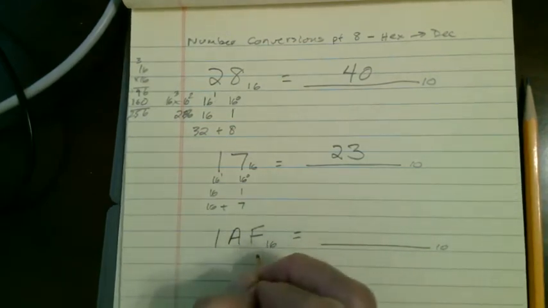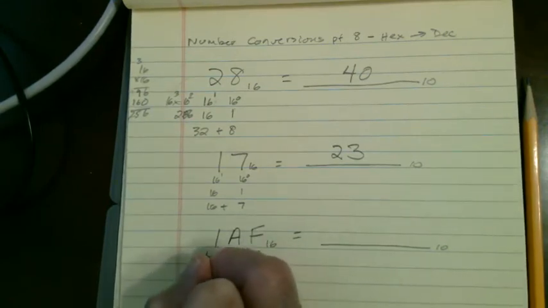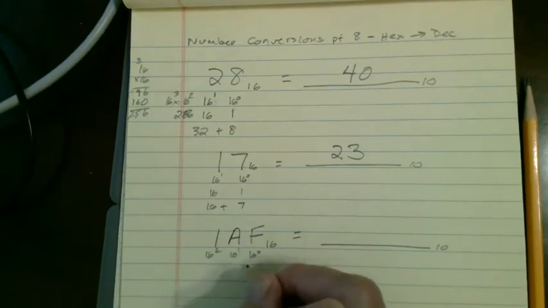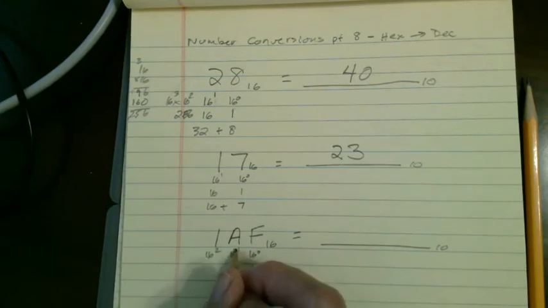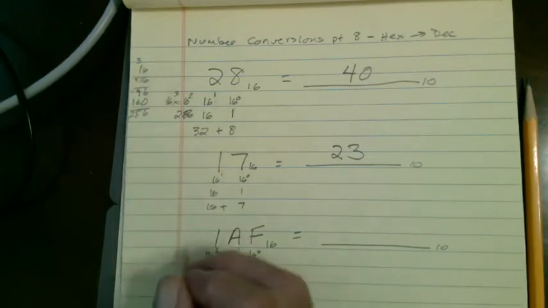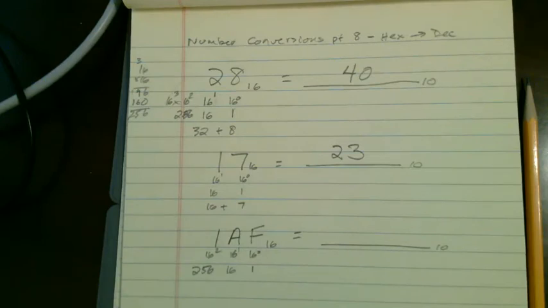Well, it's the same process. 16 to the 0, 16 to the first, 16 squared. Then I need to figure out what these numbers are. So 16 to the 0 is the 1's position, 16 to the first is the 16's position, and 16 squared, we did that calculation up here, it's the 256's column.